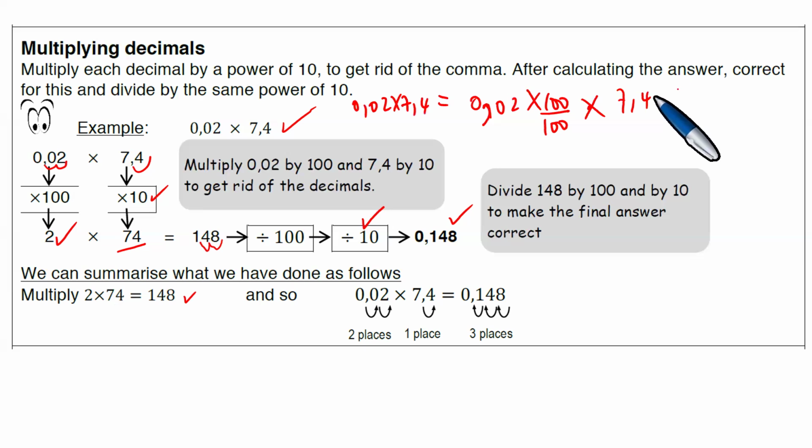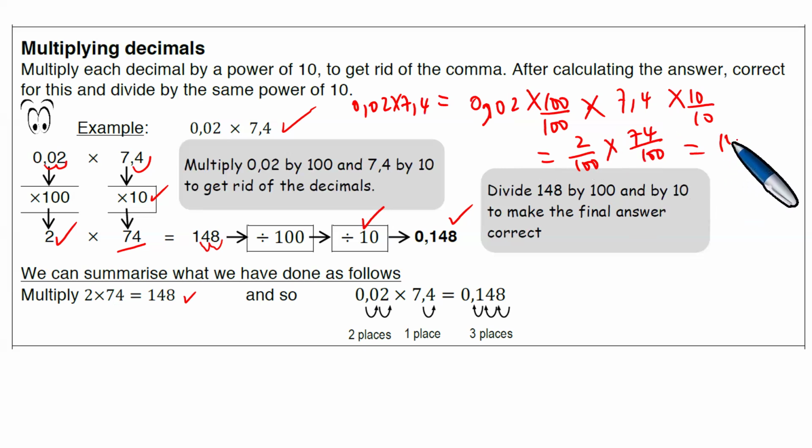So now if you want to move it one place, you multiply by 10 out of 10. Multiplying by 100 is going to make this one 2 out of 100, and this one is going to make it 74 out of 100. Meaning that 2 times 74 is going to become 148.